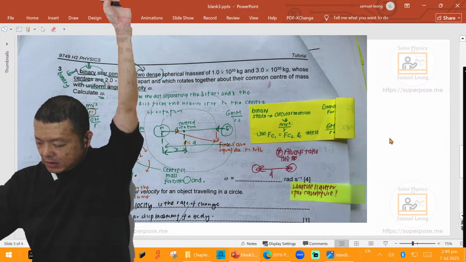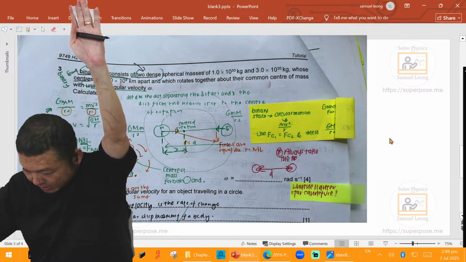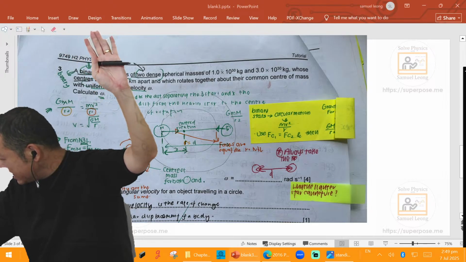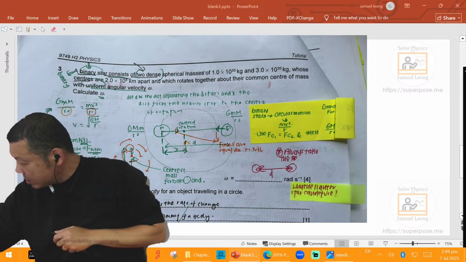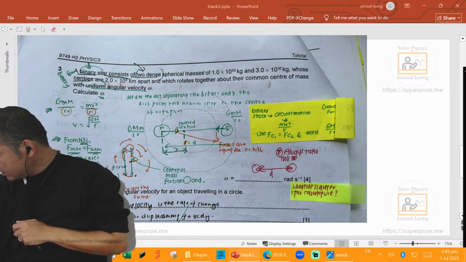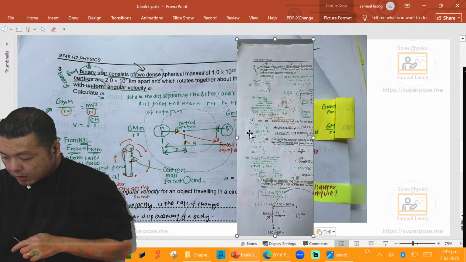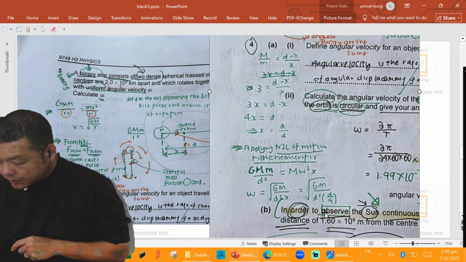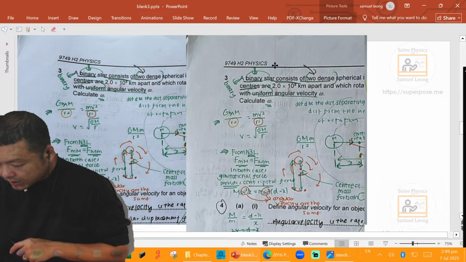Wait, where is Newton's second law? Huh? Oh, in the next picture, is it? No. I was a bit confused. Wait, which one, which one? Wait, sorry, this thing is a bit too big already. What, where?